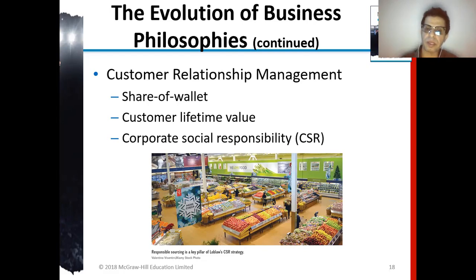And then the corporate social responsibility: show people that you're really responsible, whether you're supporting minorities, people who cannot see, the handicapped. This is a part of your promotion and customer relationship management.